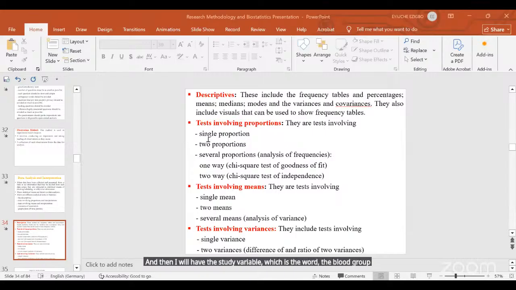So when I am now checking, is there any dependence or independence in the outcome of the blood groups with respect to the gender? What I will be doing is I'm carrying out a chi-square test of what? Independence. And this can as well be done.